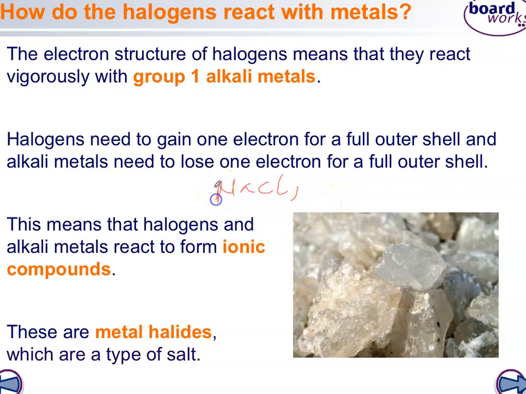So one common ionic compound between an alkali metal and a halogen is sodium chloride, common salt. Now this is a metal halide. It's a combination of metal and the halogen, so we call it metal halide. Halogens react with alkali metals to form metal halides.